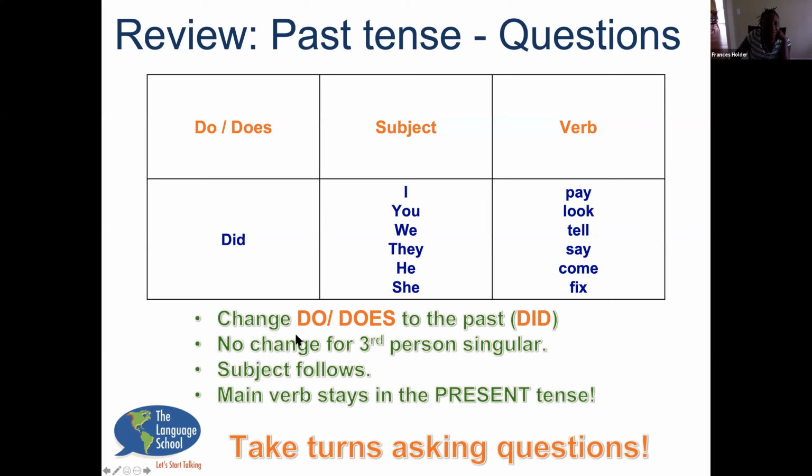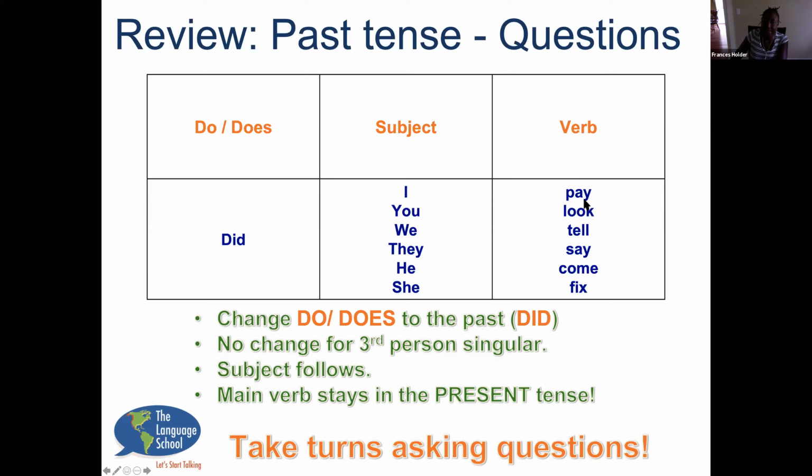So these are just a few notes with regard to did in the past tense. You obviously change your do and your does to did. You don't make any changes in the third person singular. The subject comes after the did, or after the question word plus did. And then the most important thing to remember is your main verb.